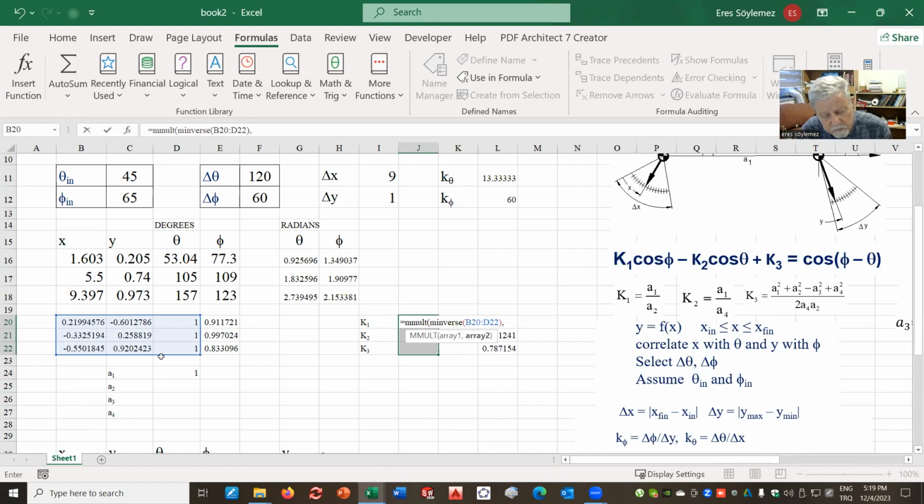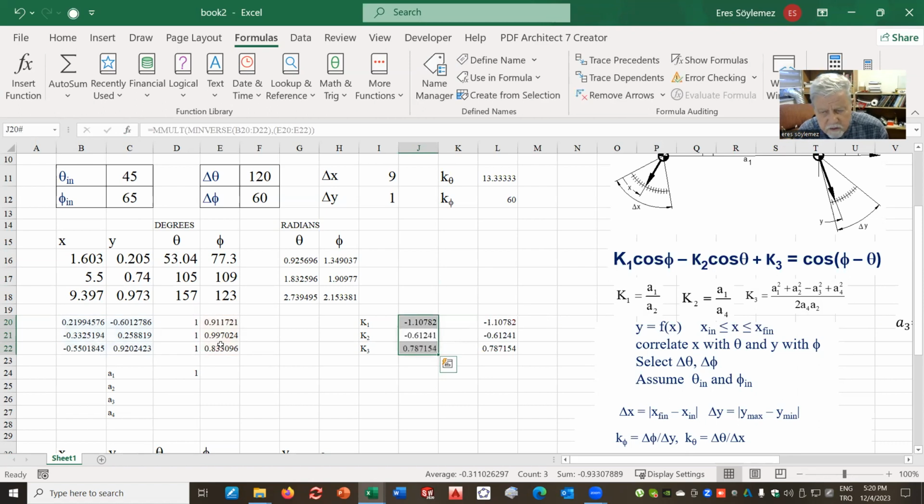In some computer settings, Excel settings, it may be a semicolon. Let me remind you of that. Open parentheses, this column vector. As you can see, you obtain the same result. So I will erase this.